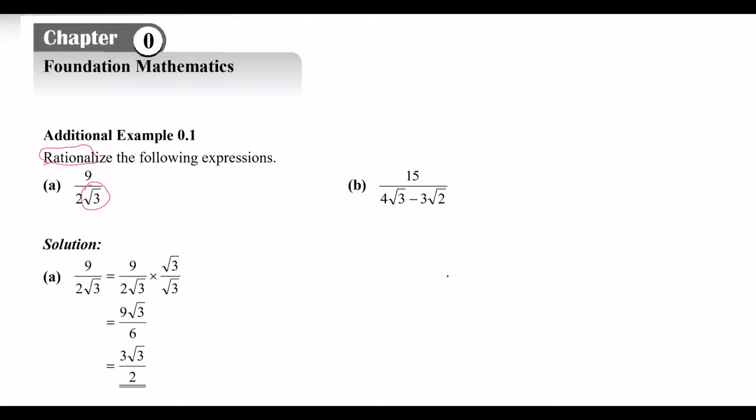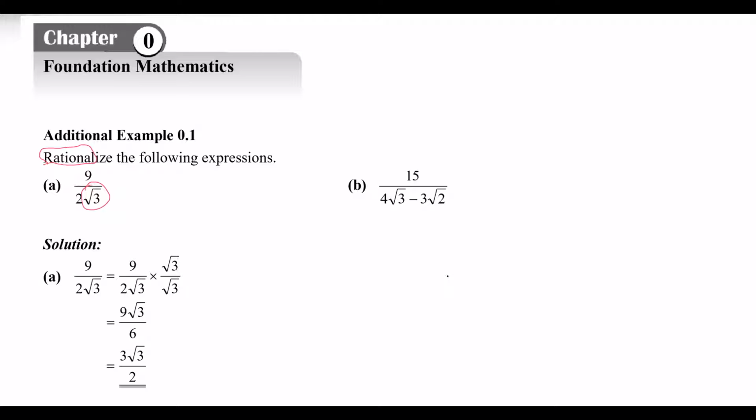And usually, we may need to rationalize the denominator for further calculations, because if the denominator is irrational, it is not easy. Say, if you want to add two fractions together and have an irrational denominator, it is not easy to have a common denominator. That's why usually we will rationalize the denominator before further calculations.